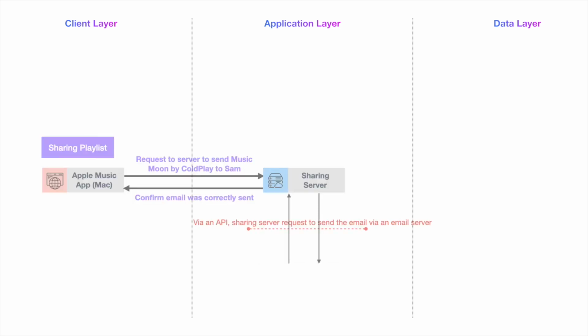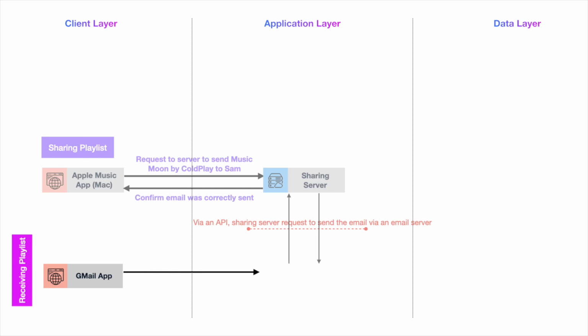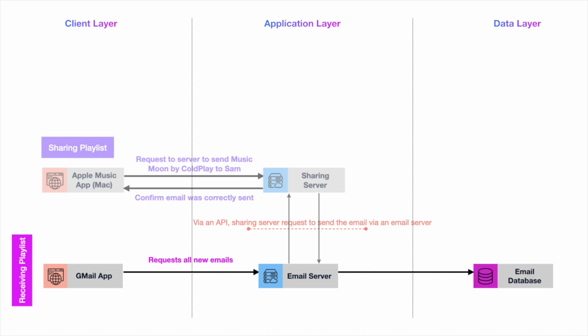Now let's move to part 2 about Sam receiving the email. On the client layer, this time Sam's using the Gmail app on his iPhone. He's making a new request to download all new emails from the email server. So on the application layer, the email server requests from the email database all relevant new emails for Sam, which includes the latest one sent by the Apple Music sharing server.